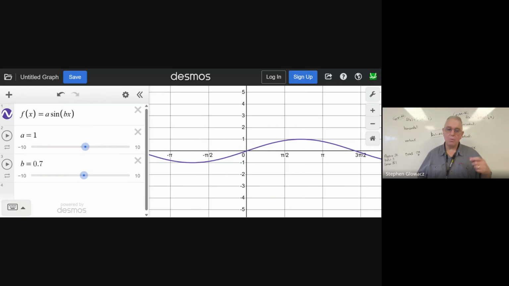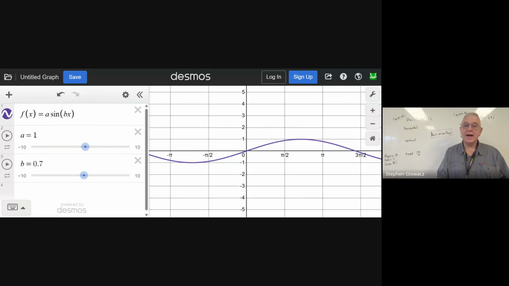And so we're going to have to take that into account. Since it's the opposite of what happens with a, we're going to be taking the reciprocal, or flip the fraction, if you will, for b. And you'll see that in the examples.